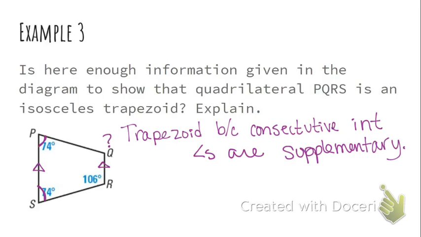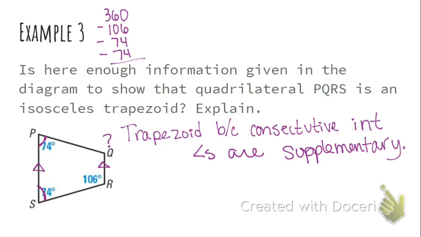To really be able to say that your base angles are congruent, you could do this a couple different ways. One way you could do it is to take the sum of all the angles inside of a quadrilateral, which would be 360, and subtract the angles that you know.